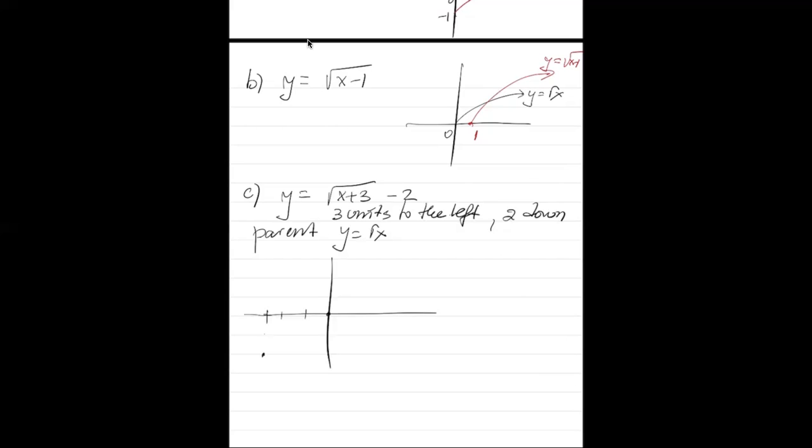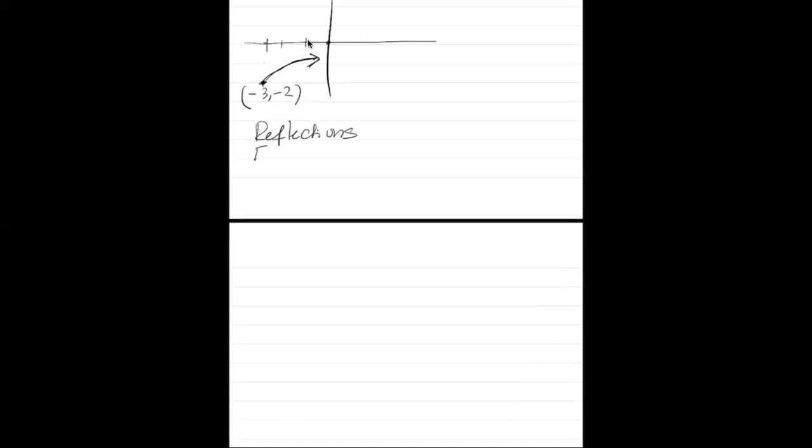Now, these so far were vertical and horizontal shifts or transformations. There's also reflections. So, for example, if I have to sketch the graph of y equals -x squared, we know the parent function, but it's going to be upside down.